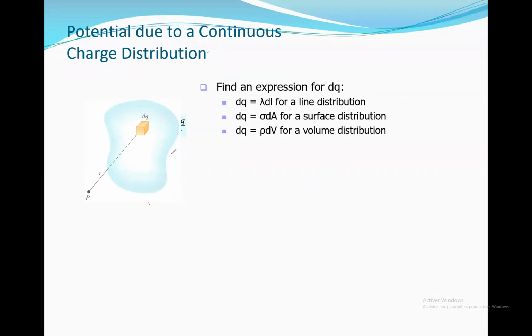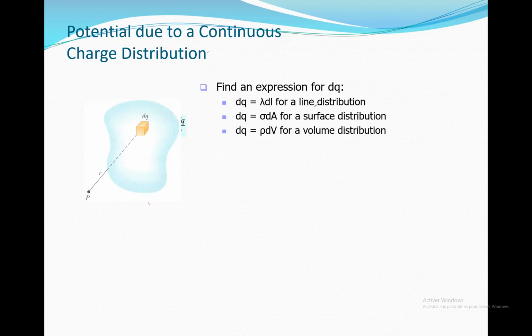Here we have a continuous object. We have to follow the same procedure as in the case of electric field. In order to calculate the total field created at the point P, we have to take a small dq from the object.